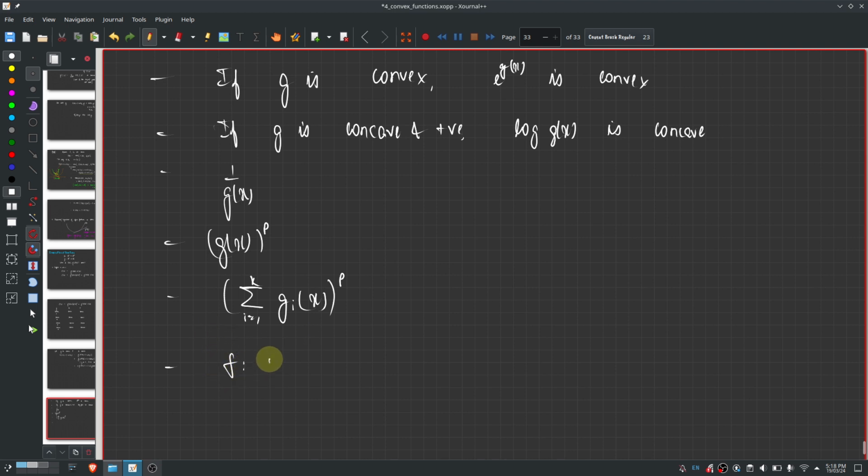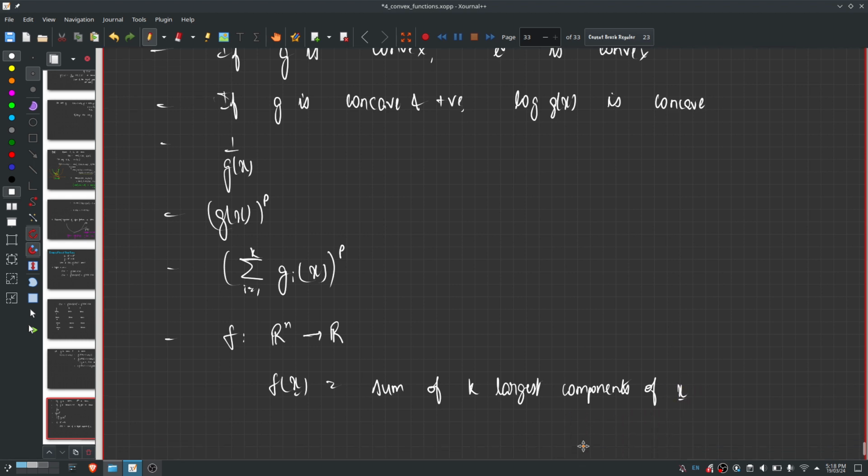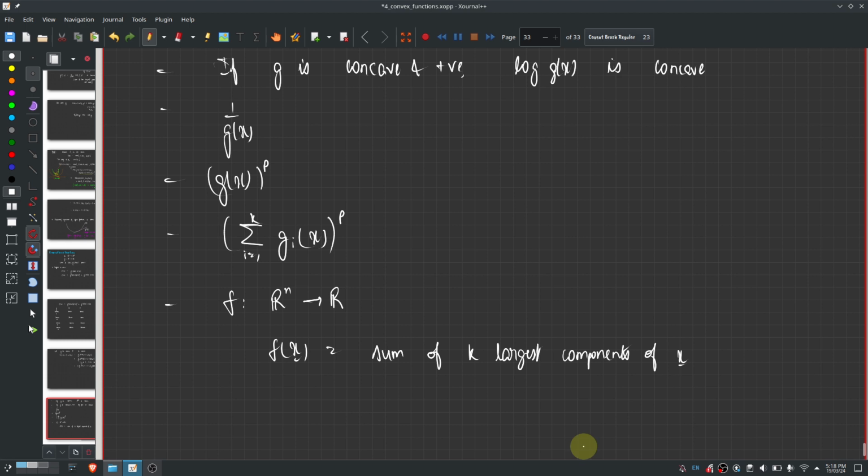So the function f from say Rn to R defined in the following way. f of x is equal to the sum of k largest components of x. I claim that this is a convex function.